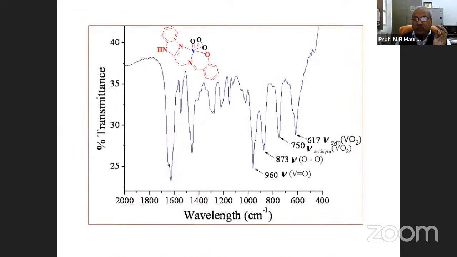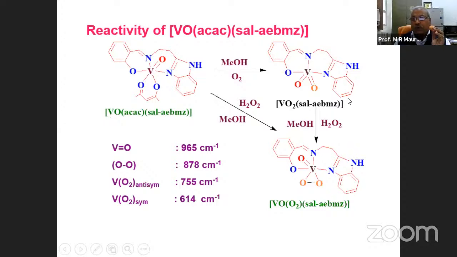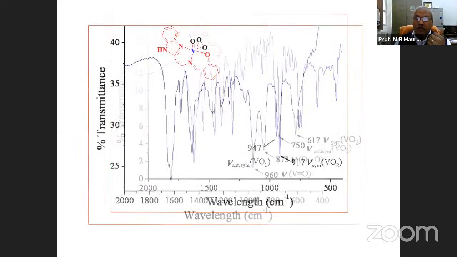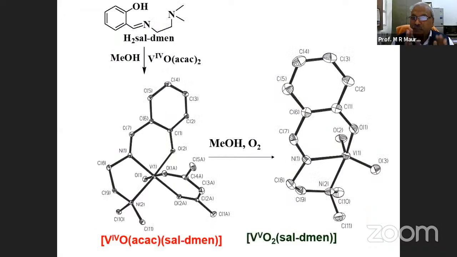The reason is, if I go back, I'll show you that this compound has a very good trigonal bipyramidal type of structure. The other species are also similar, and we could very easily say that we have prepared a beautiful structural model of haloperoxidase.